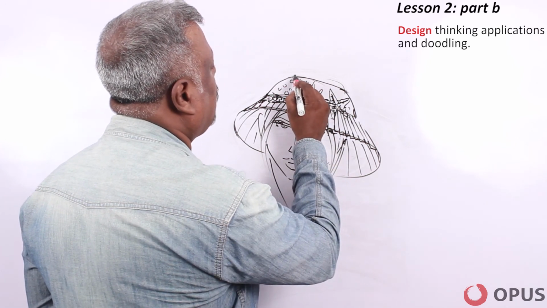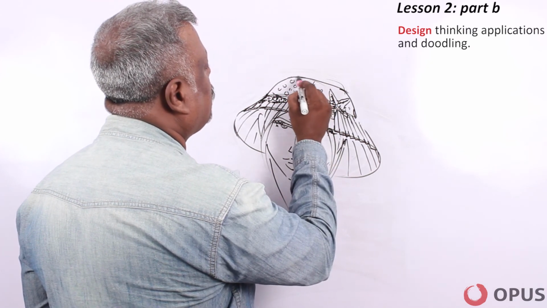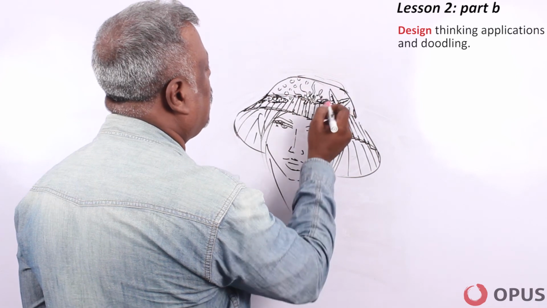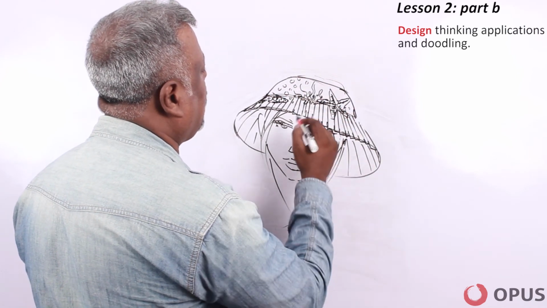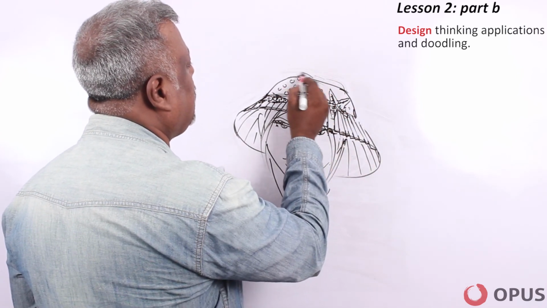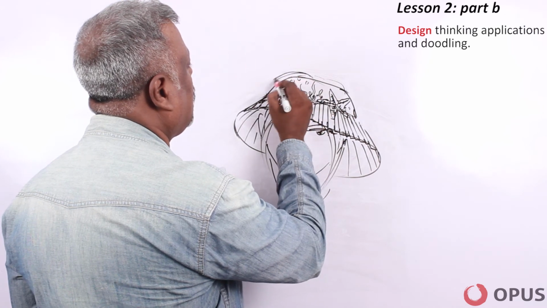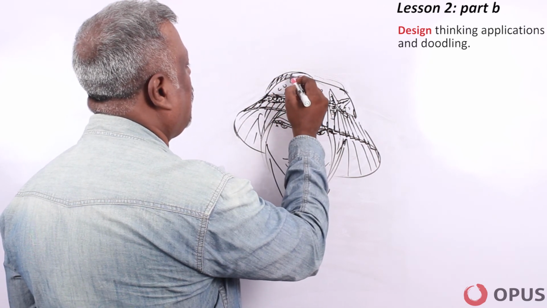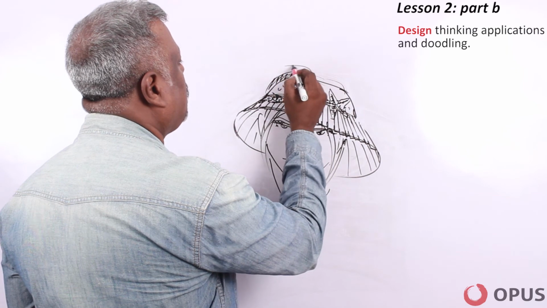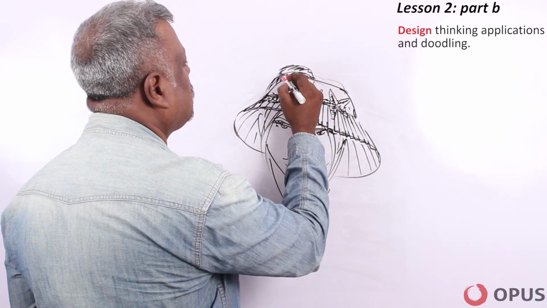And try to be very smart in using colors. Since this is around the beach or something like that, you can have a few leaves. Maybe a few leaves, coconut leaves.